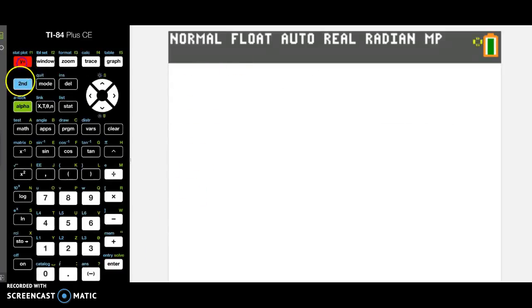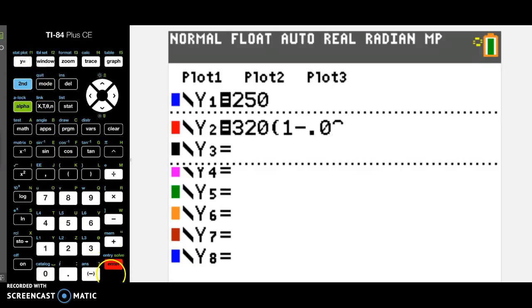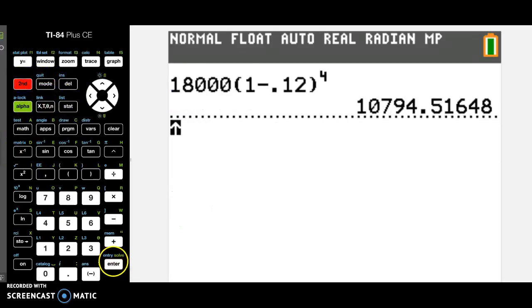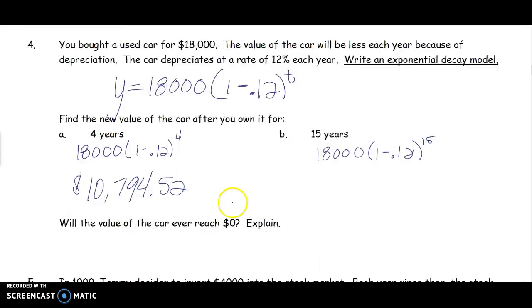And if we hit second enter, we can change our 4 to a 15. And after 15 years, your car is $2,645.52. So your car went down a lot.